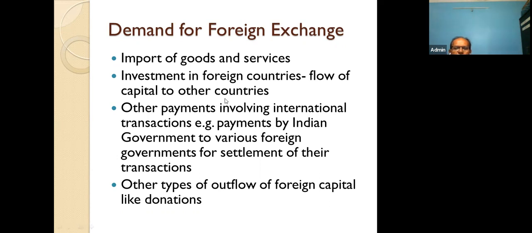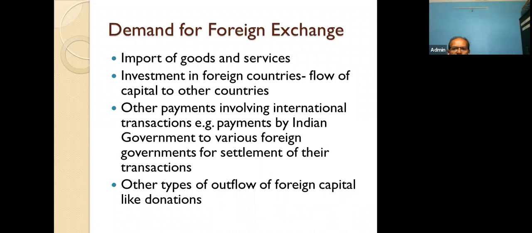Now suppose an Indian company would like to establish a business in a foreign country. So if you would like to establish in a foreign country, their currency is required because you want to have a setup in their country.